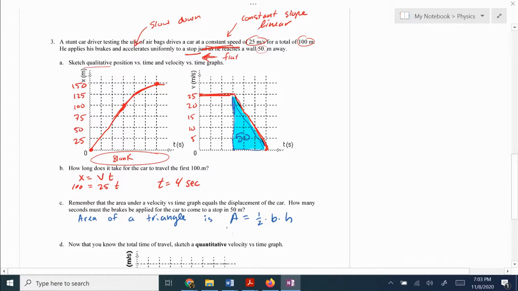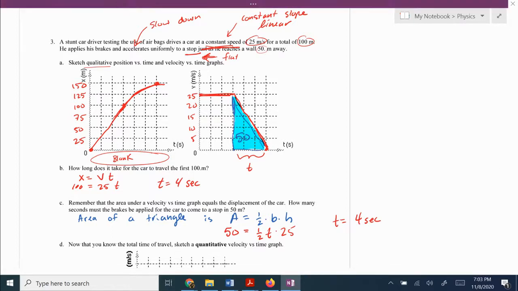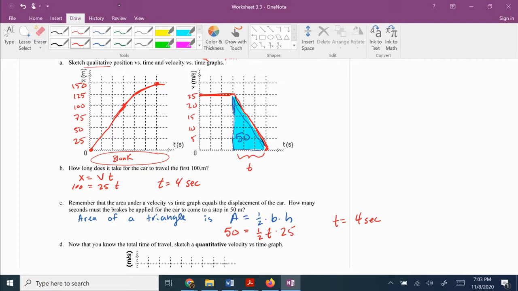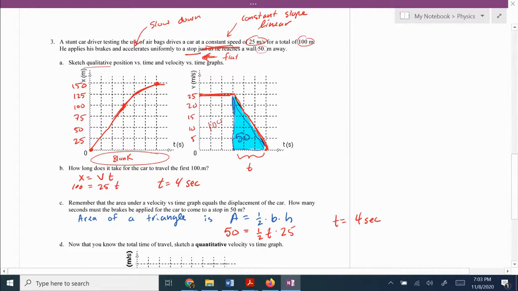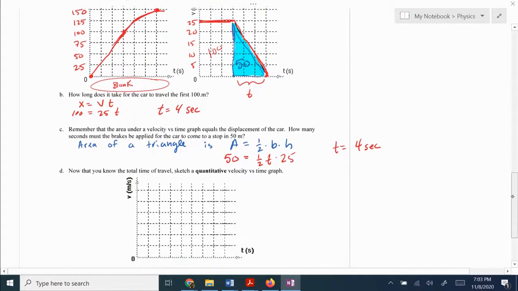The base is the time, so this right here is the time that it takes to slow down, and my height is 25. So solve for t. t is equal to 4 seconds. I'd just like to note real quick, you could do the same thing on this side, where this area would be equal to 100. That would be a rectangle, so you could do it that way too.